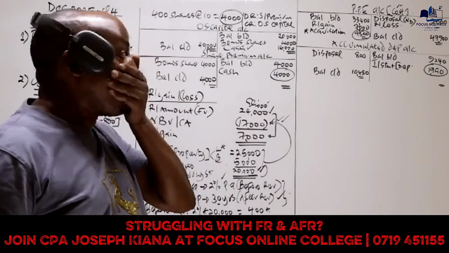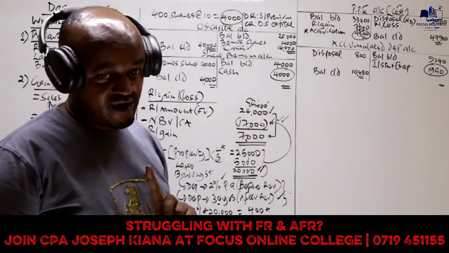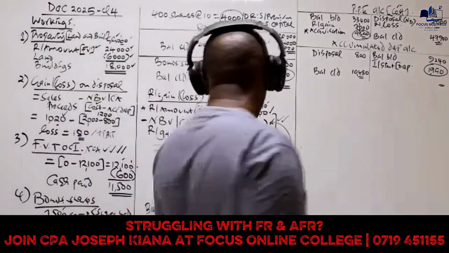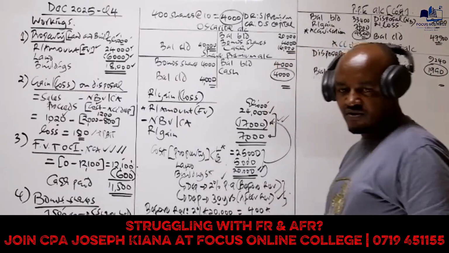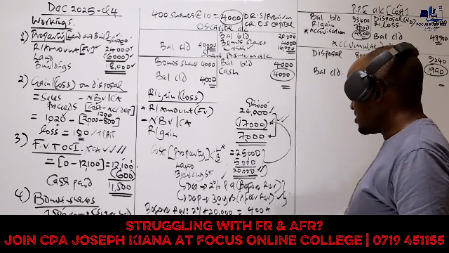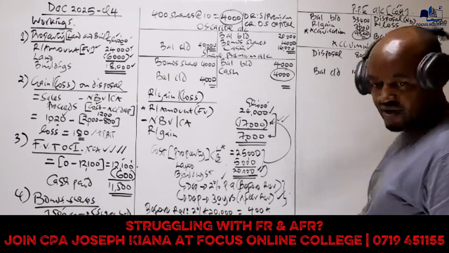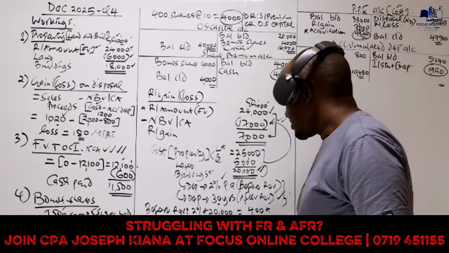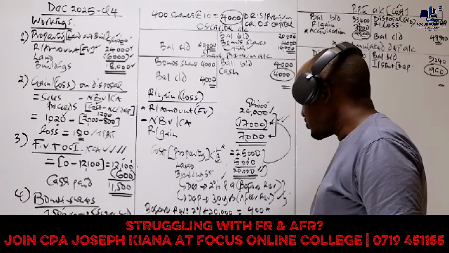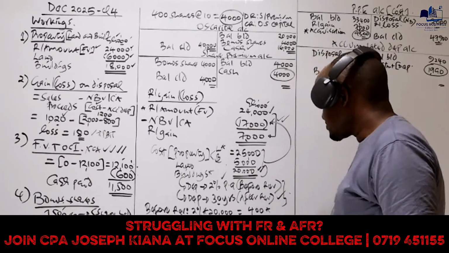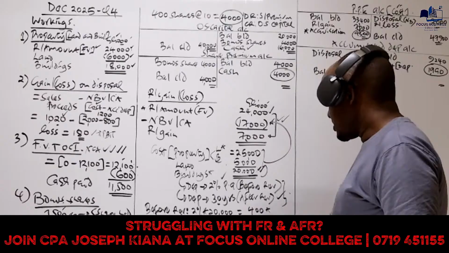But even before we prepare the statement of cash flows, someone may ask, how is this excess depreciation accounted for? Now, the double entry for this is usually debited in the account called retained earnings. Is it the retained earnings?